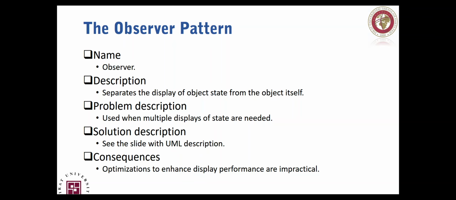What kind of problem is it solving, or why do we need to address it? If we need to display different states of the same object in multiple ways, or if the future is not exactly known about what is to be displayed later on, and now we have, let's say, 2 or 3 or 4 or 5 or 10 types of display representation of an object, but maybe we will have other types of representation in future, so we keep a margin for having new observers of the same object with different state.